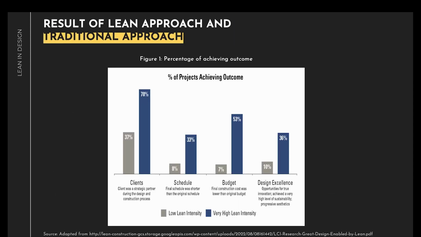Figure 1 shows the project outcomes of the lean approach and the traditional approach. The lean approach can deliver higher client expectations, effective timeline and schedule, lower budget, and higher design quality.